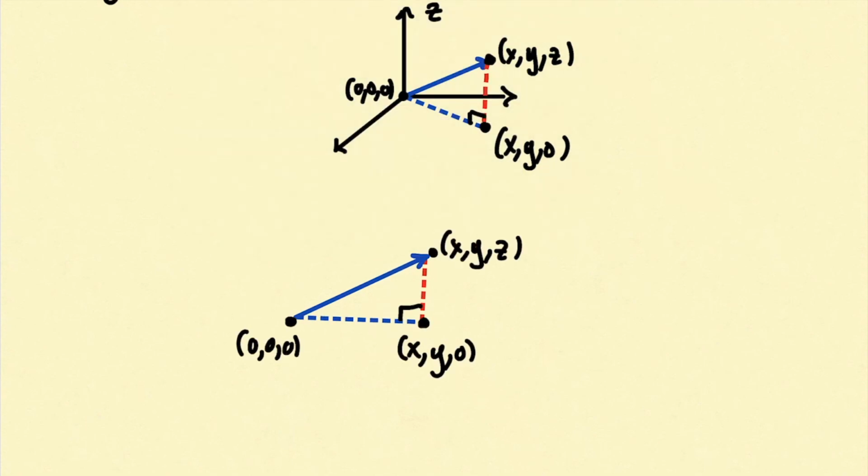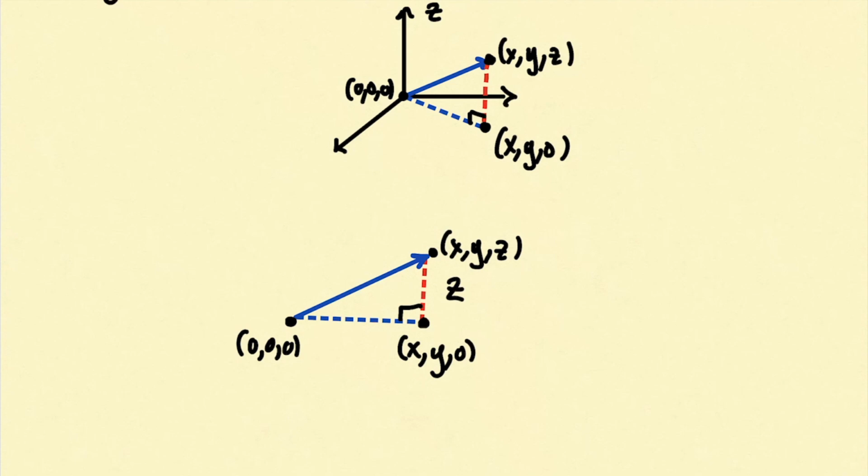To understand the length of our vector v, we just need to know the length of the two sides of the triangle, and just as before, we can use the Pythagorean theorem. For the dotted red line, which is a vertical line going from x, y, z down to the xy plane at x, y, 0, we know that line must have length z.